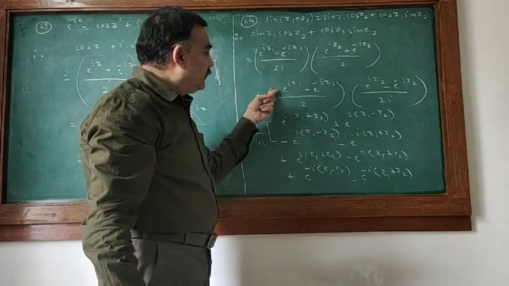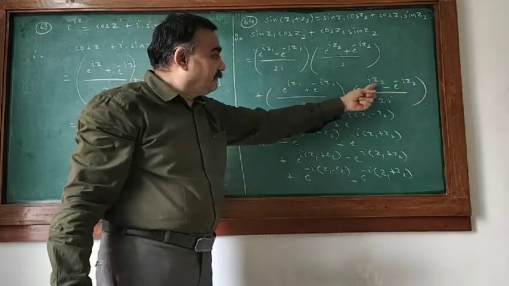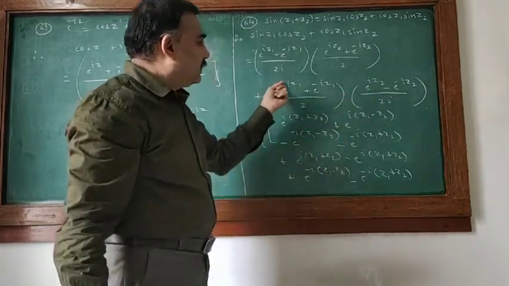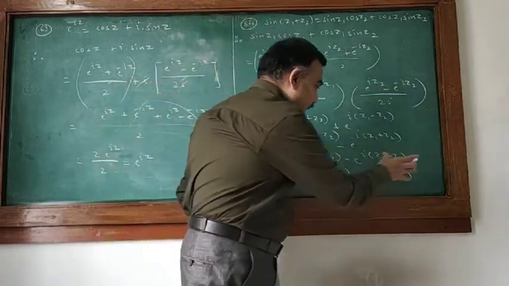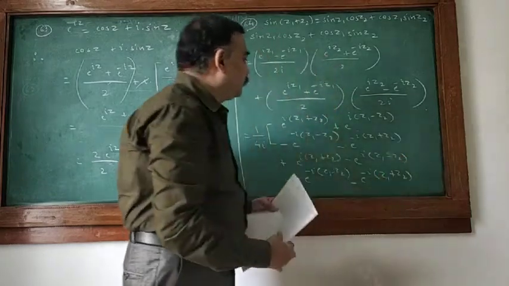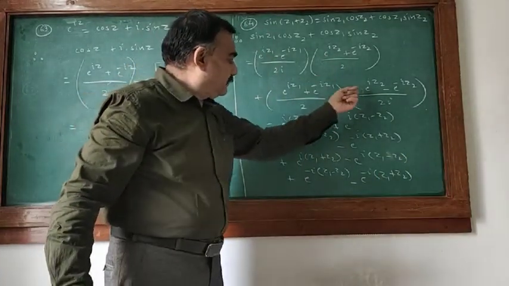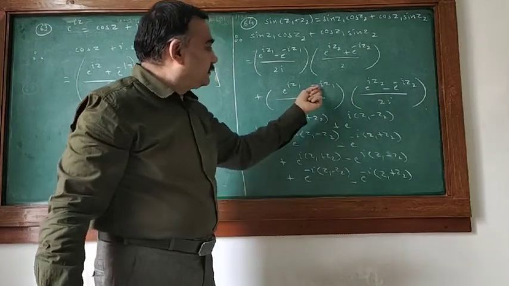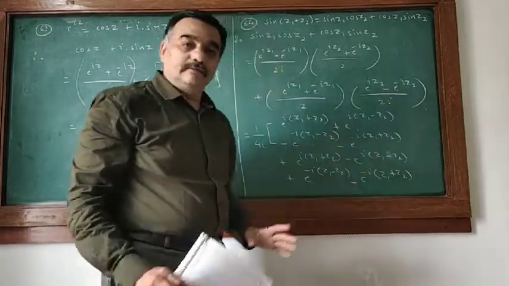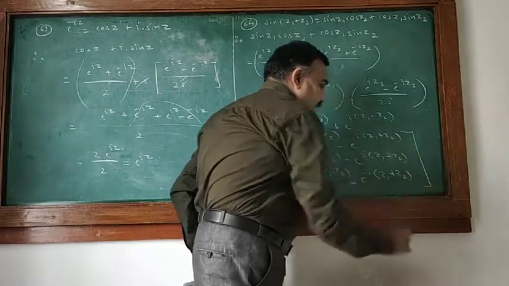Again we see e raised to i(z1 plus z2), e raised to i(z1 minus z2), and e raised to minus i(z1 minus z2), e raised to minus i(z1 plus z2), and we complete this bracket.